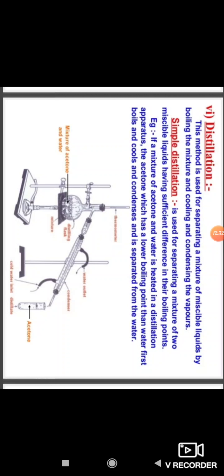Distillation is used for separating a mixture of two miscible liquids having a sufficient difference in their boiling points. For example, if a mixture of acetone and water is heated in a distillation apparatus, the acetone, which has a lower boiling point than water, first boils, cools and condenses, and is separated from the water.